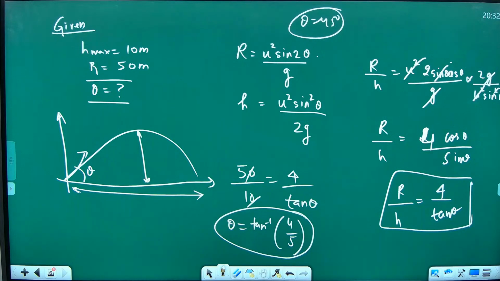Calculate the velocity of projection of the ball.